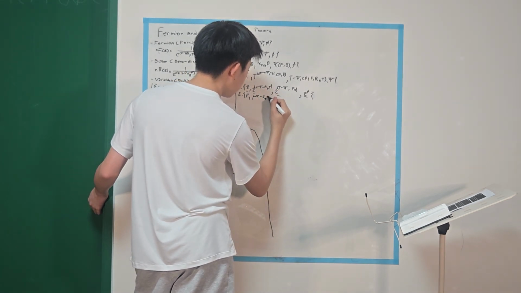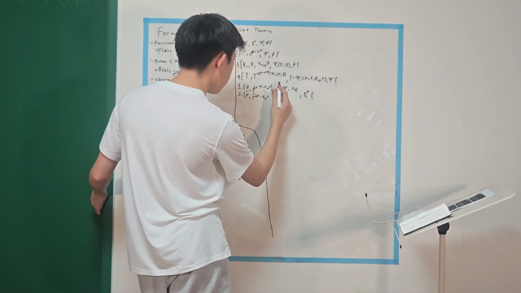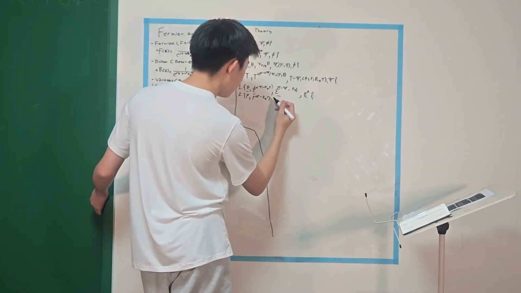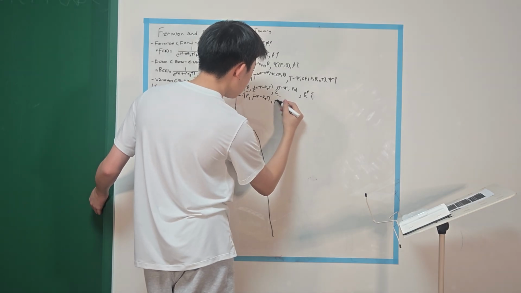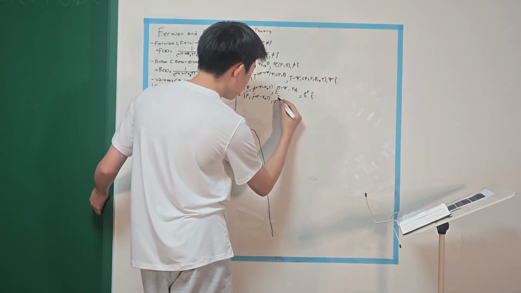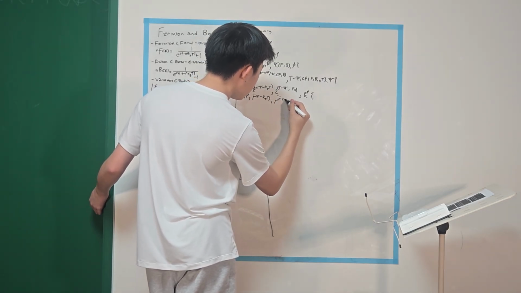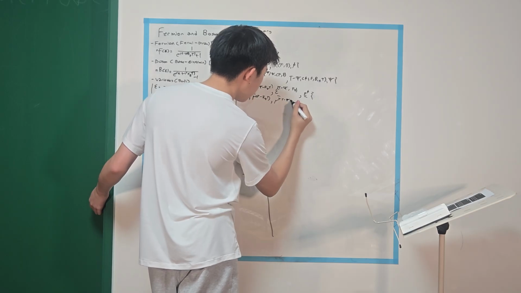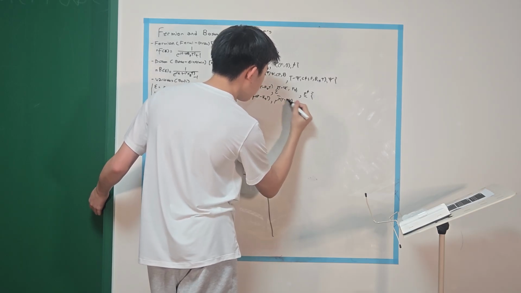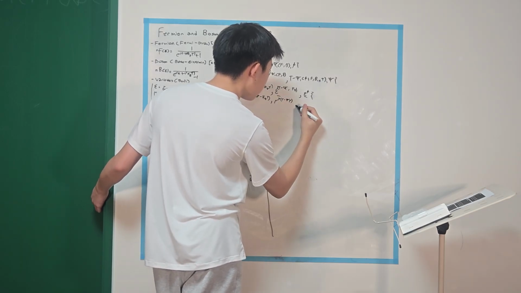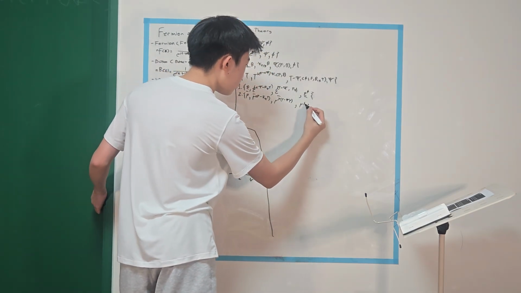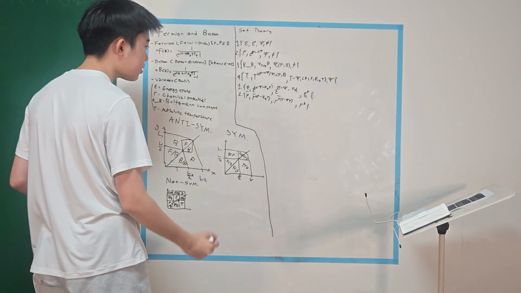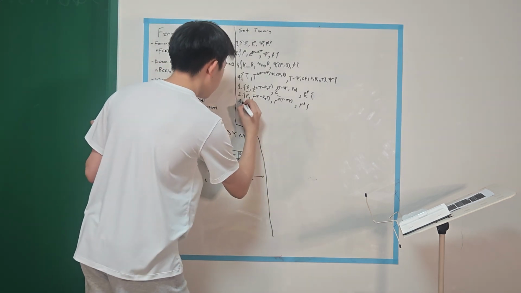This one too. I think we can put all of them as KBT, comma, mu bar T minus mu, comma, mu to the power phi. Like this.